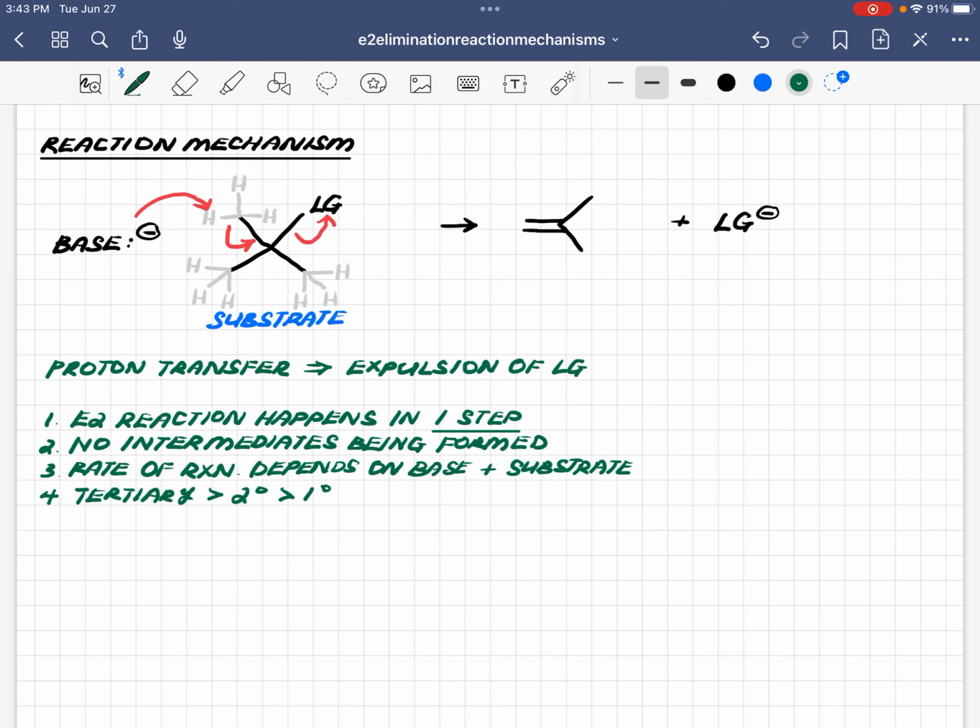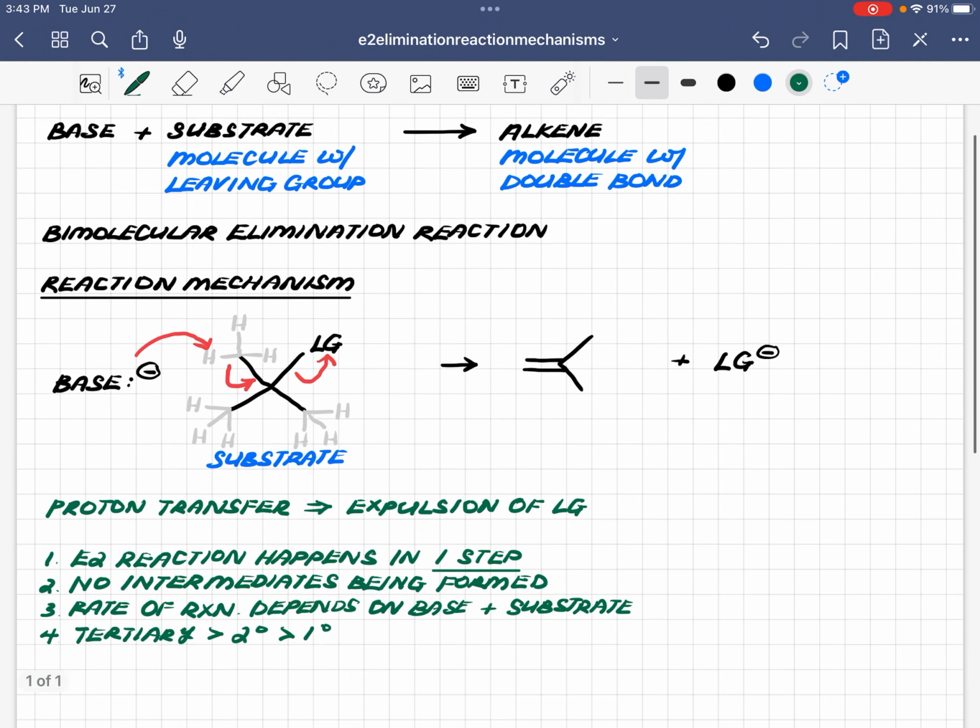And this is quite distinct from an SN2 reaction, because in SN2 reactions, there's a lot of steric hindrance with tertiary substrates. But in the case of an E2 mechanism, the tertiary substrates are actually preferred.